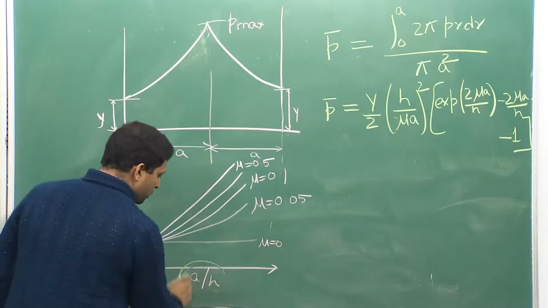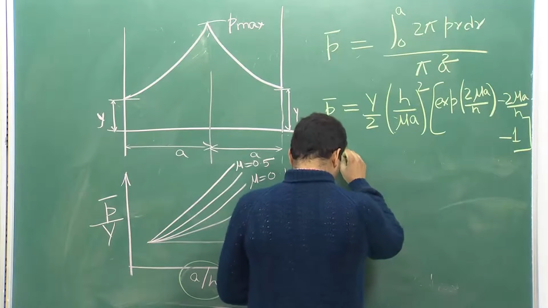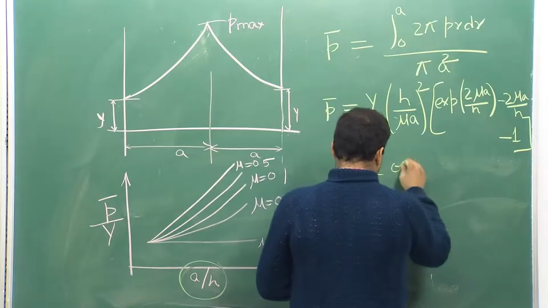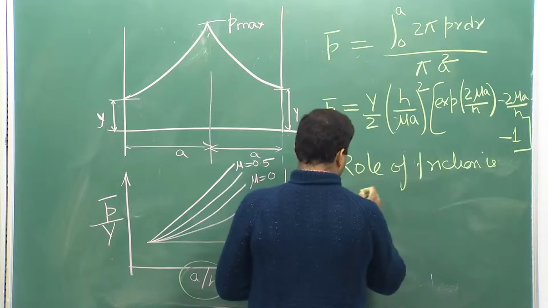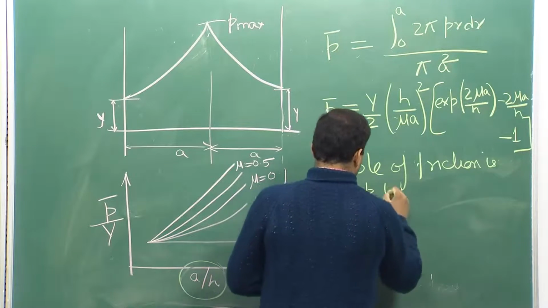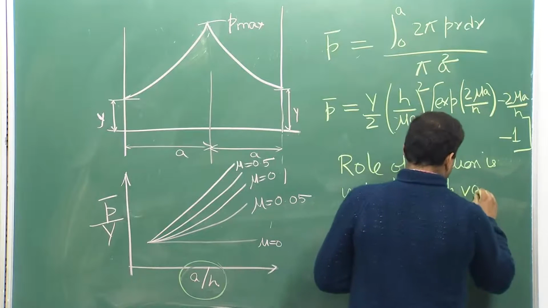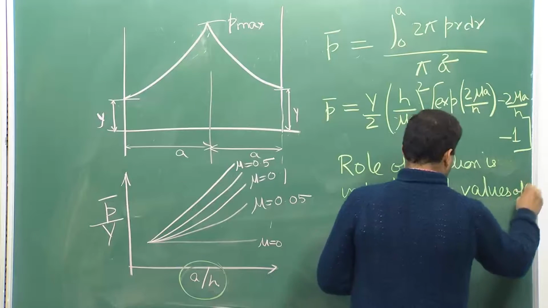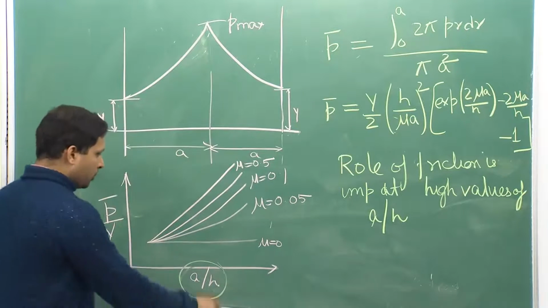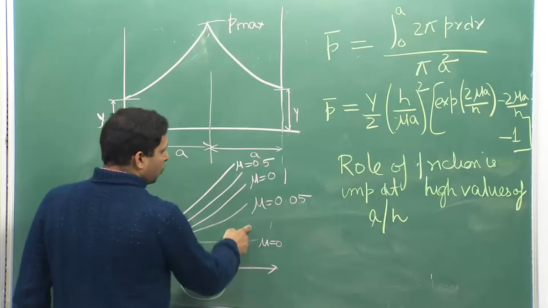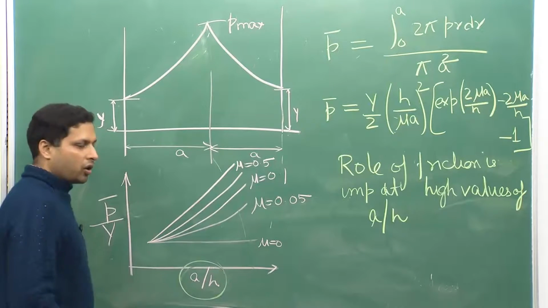Not only that, it also says that the role of friction is important, but particularly at high values of A by H. So, what do you see at high values of A by H? Even if you change the friction by a small amount, your pressure is changing a lot.